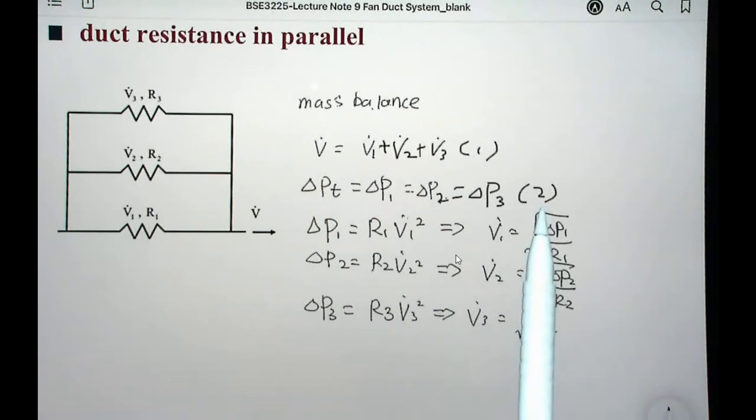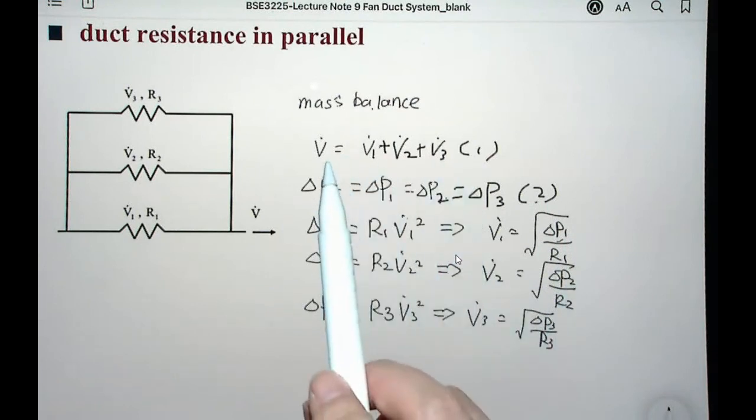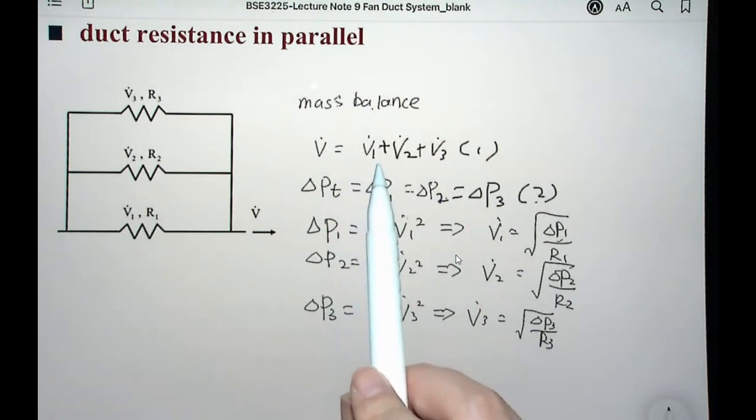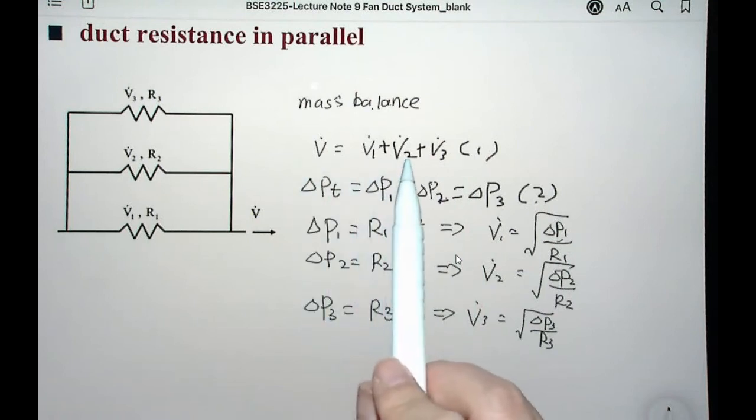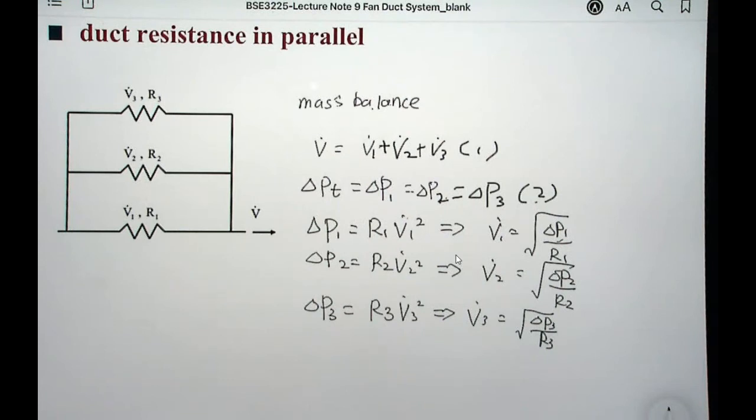Since from the second equation, delta P1 equals delta P2 equals delta P3, and also from the first equation, V dot equals V dot 1 plus V dot 2 plus V dot 3.